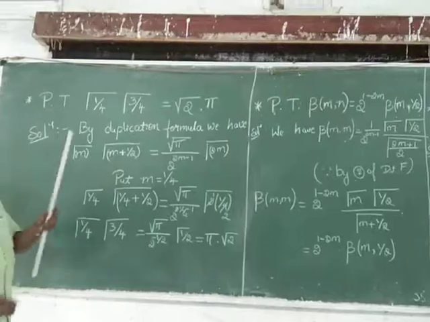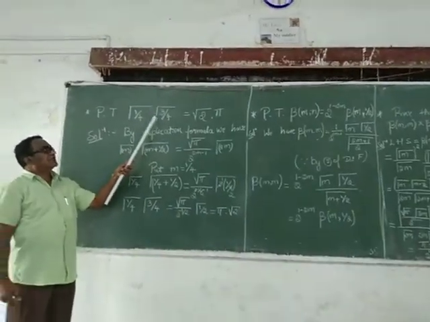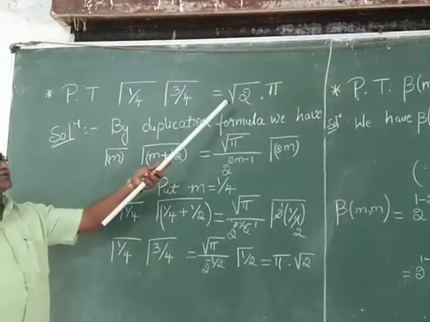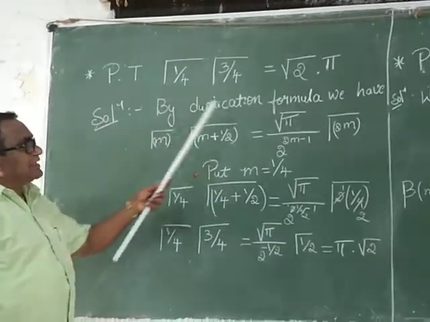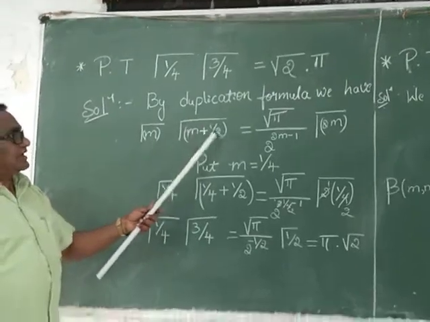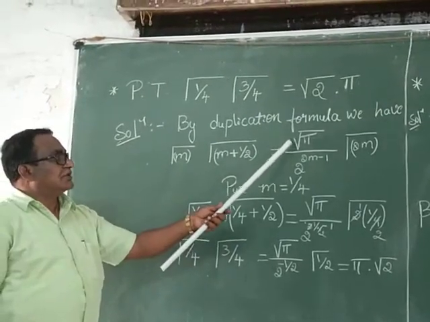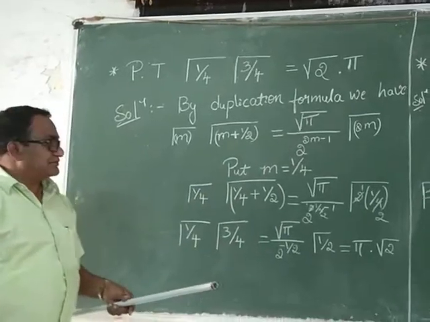Prove that gamma 1 by 4 into gamma 3 by 4 is equal to root 2 into pi. By the duplication formula we have this result: gamma m into gamma of m plus half is equal to root pi divided by 2 to the power 2m minus 1 into gamma 2m.